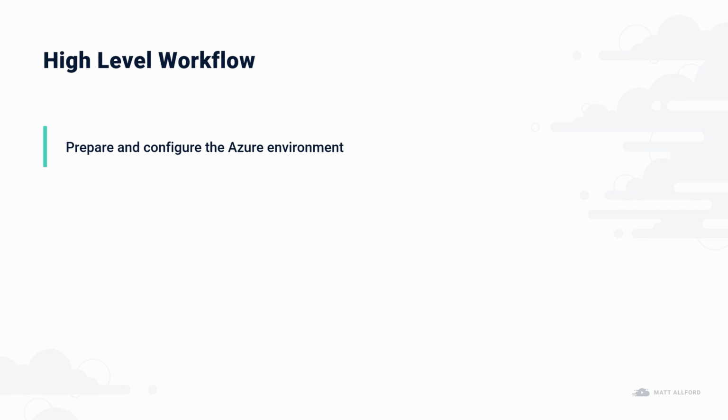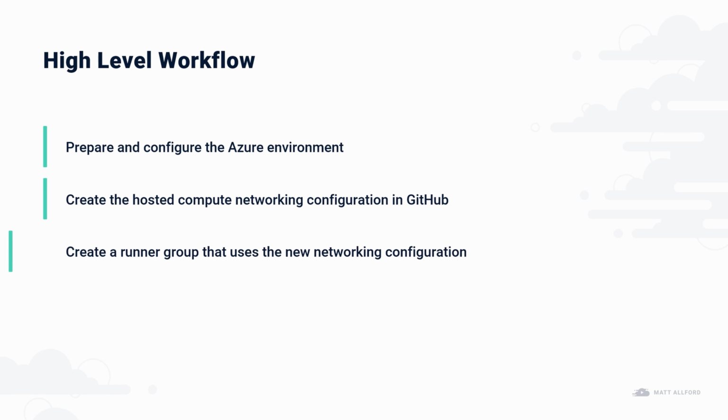Step number 2, once we've got our Azure environment in order, is to go into GitHub and create the network configuration in GitHub. After we've done the network configuration, we then need to create something called a runner group in GitHub, and we specify within the runner group that it needs to use the Azure network configuration that we would have configured in the previous step.